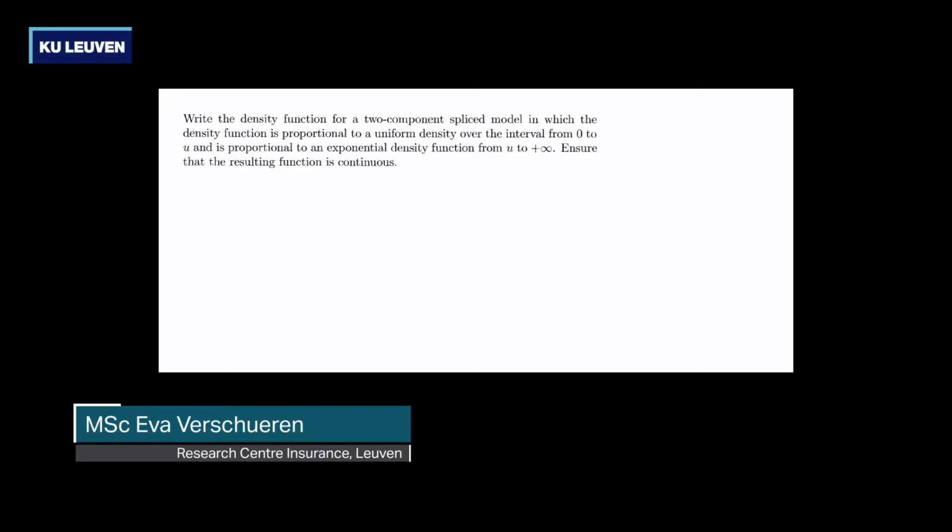In this exercise, we write down an expression for the density function of a two-component spliced model, in which it is proportional to a uniform density over the interval from 0 to u, and it is proportional to an exponential density from u to plus infinity. On top, we need to ensure that the resulting function is a valid continuous function.